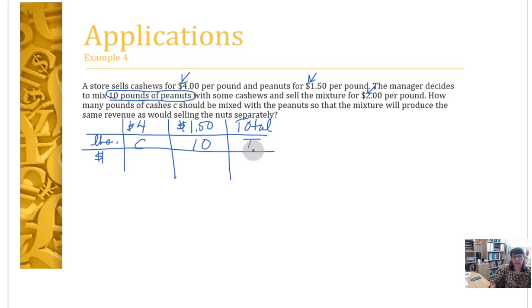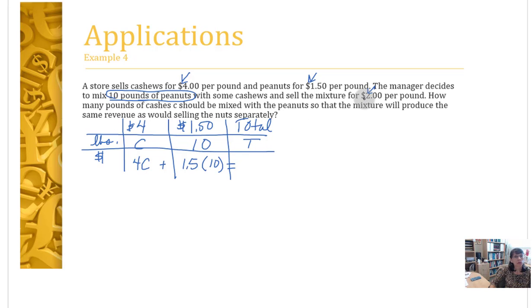Now I can take into account the dollar values. Cashews sell for $4. So 4 multiplied by the number of pounds of cashews will be added to 1.5 multiplied by 10 pounds of peanuts, and that will be equal to our total value.